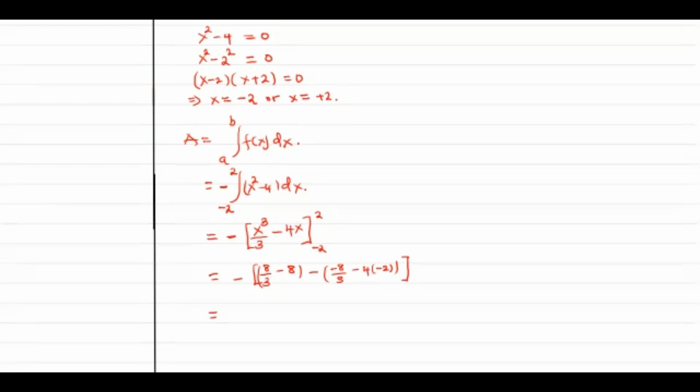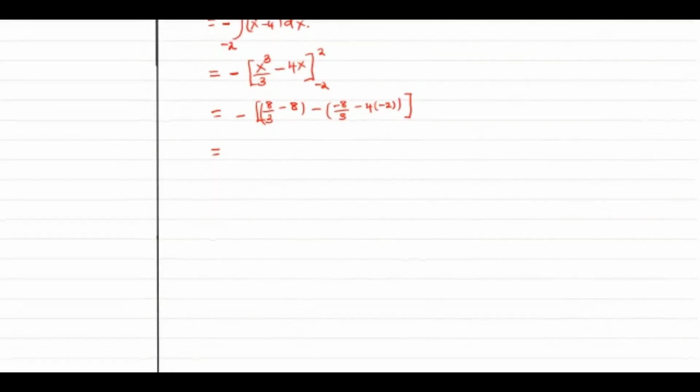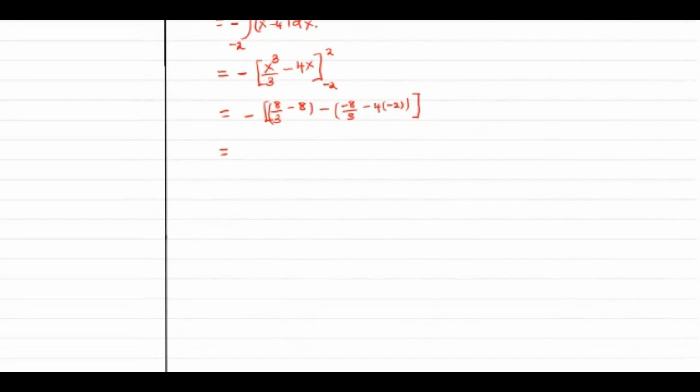This then will be equal to, remember our negative sign again. So we have negative, I'll drop now the square bracket, negative outside the brackets, then in the bracket we have 8 over 3 minus 8, then minus 8 over 3, that becomes plus 8 over 3, then minus, and -4 times -2 is +8.